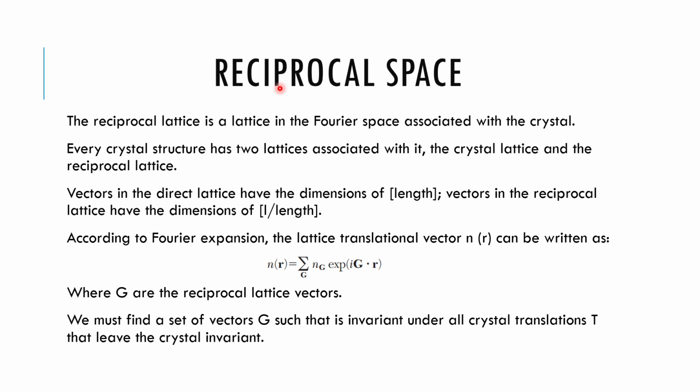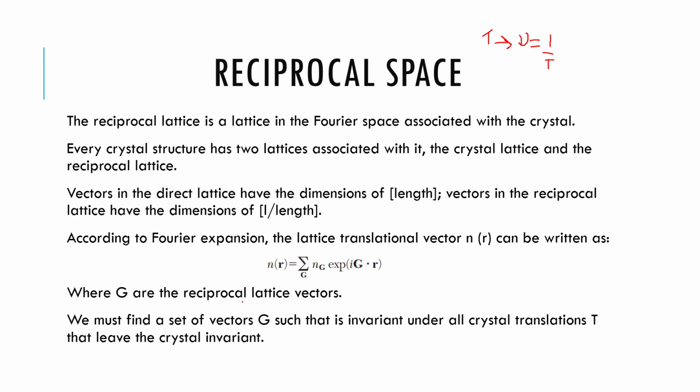So reciprocal space is nothing but the inverse space. For example, if I have time space as t, then I can have a frequency space mu equal to 1 over t. So these are two different spaces, frequency space and time space, and we can go from one space to another using the Fourier transform.